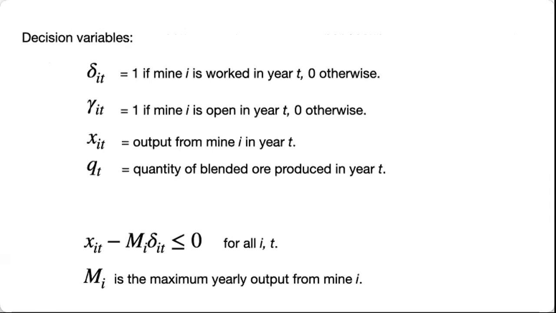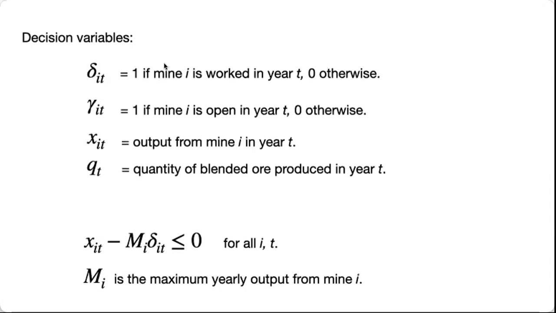Actually, for this variable, because we don't know yet, we have to decide which year should be open, and also in which mines in each year we should work. Because sometimes we keep it open, but we don't work on that mine. It is possible.